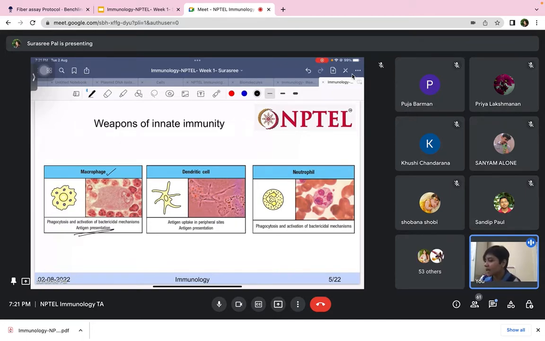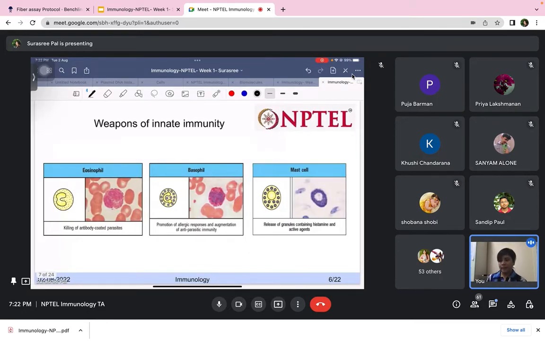So these cells are macrophage, dendritic cell. Dendritic cell, as you will learn later on, is the linkage between innate and adaptive immune system. Then neutrophils. Neutrophils are the cells which come in more and more amount to the site of infection.